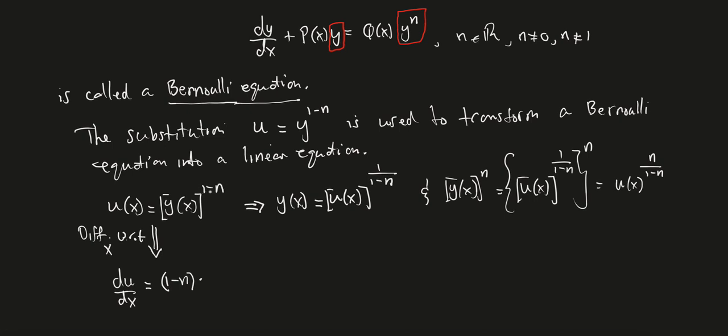If I have 1 minus n and subtract 1, that leaves negative n. So this is y of x to the negative nth power. And then the chain rule says I have to multiply by the derivative of the inner function, and the derivative of y is dy dx.